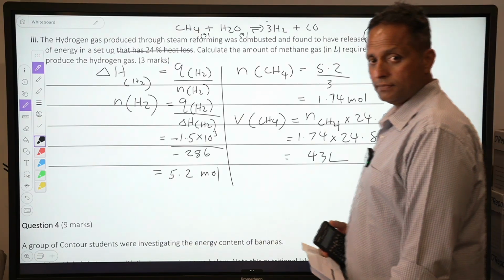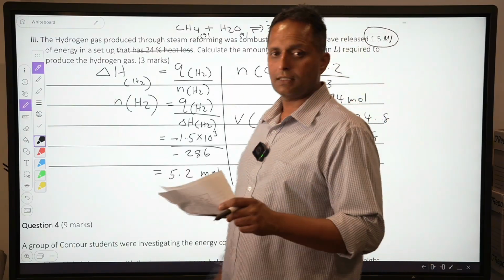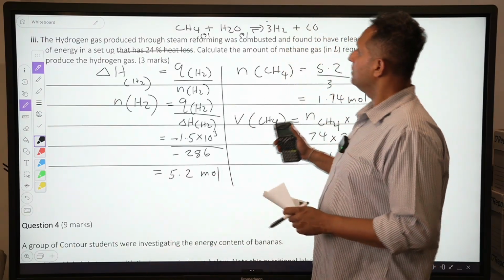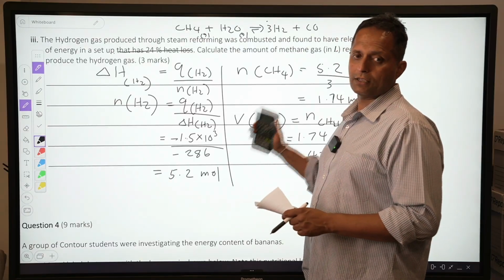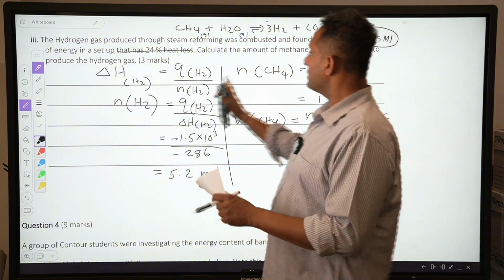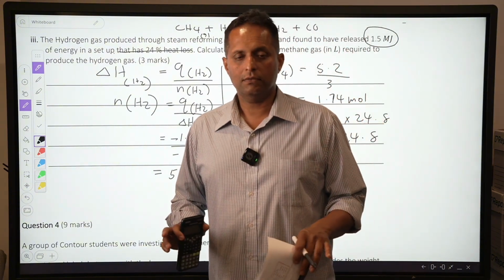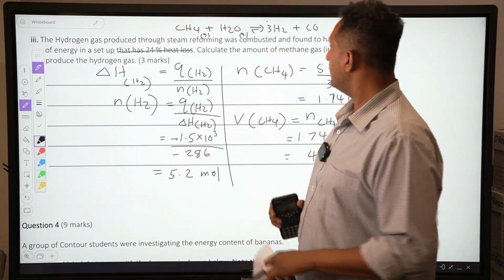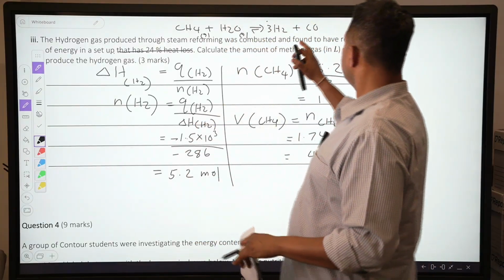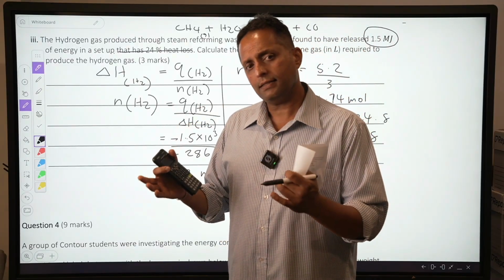Now we are going to do the actual question. What's the difference between this changed version of the question and the actual question? We did this calculation assuming that there is no heat loss.